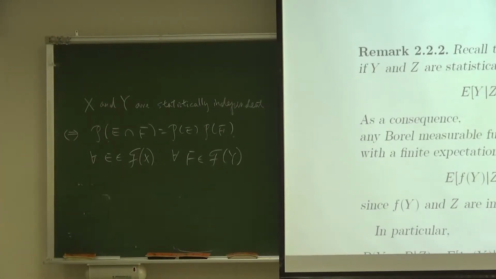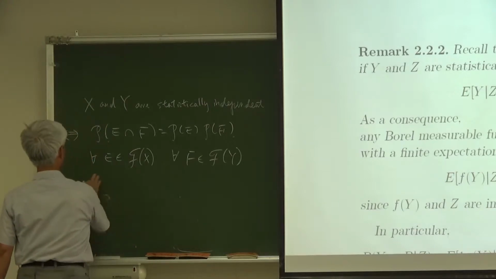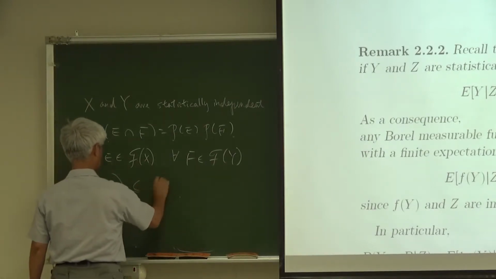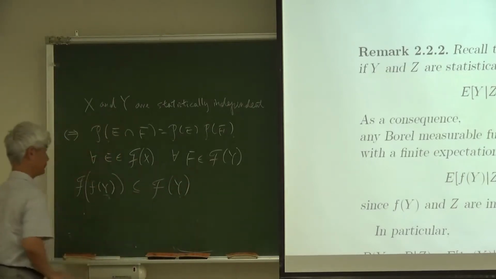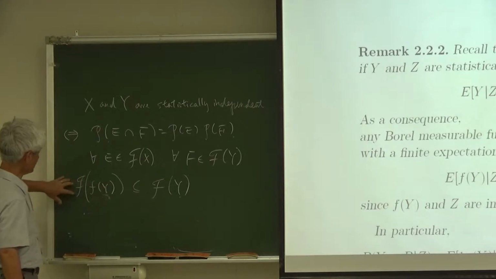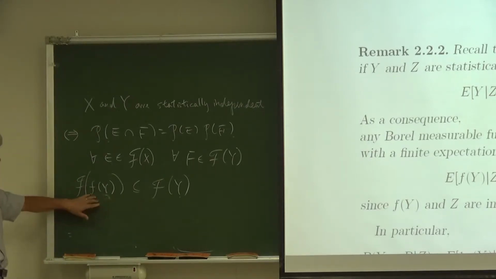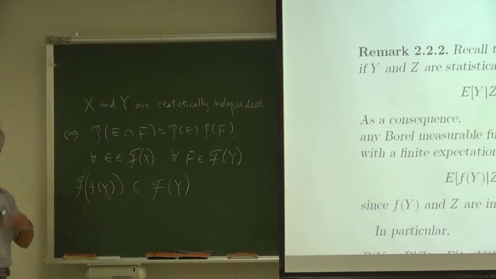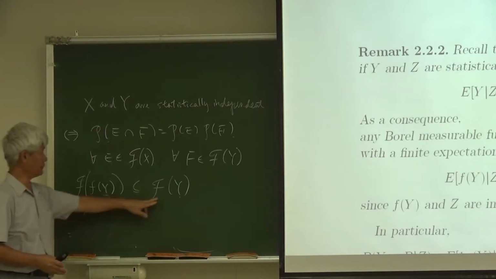That is the definition. For any Borel measurable function f of Y, the sigma algebra generated by this new random variable is contained in the one generated by Y, because f of Y is a function of Y, so it contains less information.